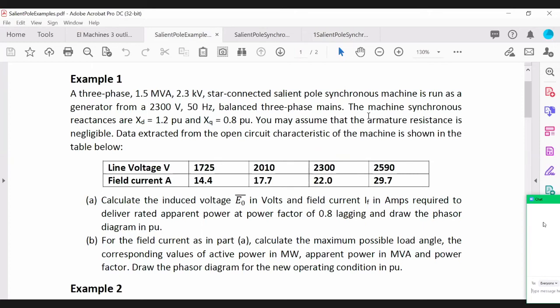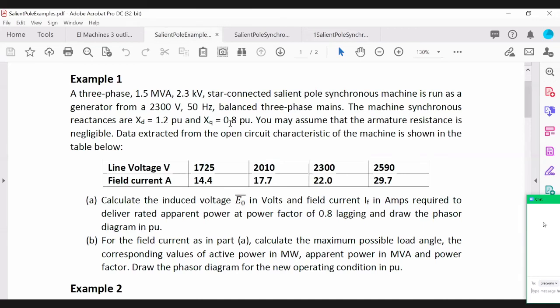The typical data that will be given to you for a salient pole machine will be your rating. For example, this is a 1.5 MVA machine, and that's your line voltage, and you're given the rated voltage of the machine and the frequency. And here you've been given the Xd and Xq, so those two reactances are given to you.